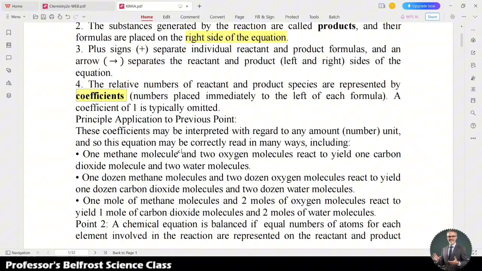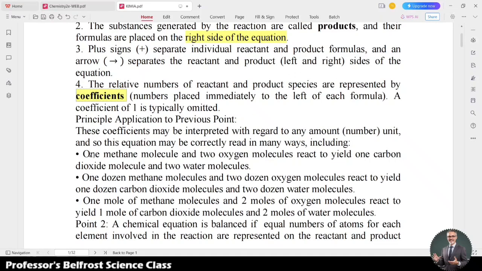The second way is that 1 dozen methane molecules and 2 dozen oxygen molecules react to yield 1 dozen carbon dioxide molecules and 2 dozen water molecules. And the third possibility, and there are still many possibilities, is that 1 mole of methane molecules and 2 moles of oxygen molecules can react to yield 1 mole of carbon dioxide molecules and 2 moles of water molecules.